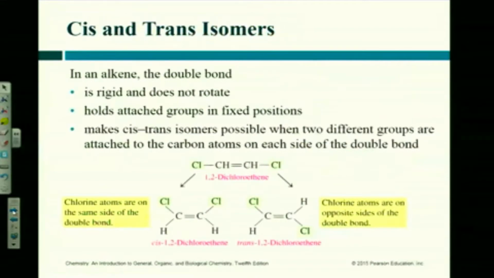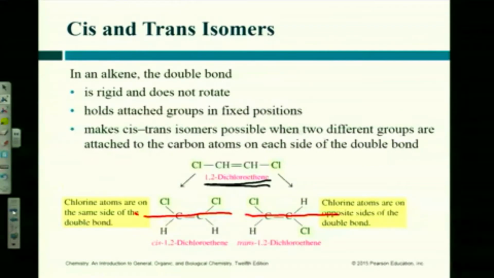This example down here. Let's draw a line through the middle of these molecules. Look at where the hydrogens are. Are they on the same side? So both of these two molecules are 1,2-dichloroethene. But when I expand it out and draw the whole structure, look down here.